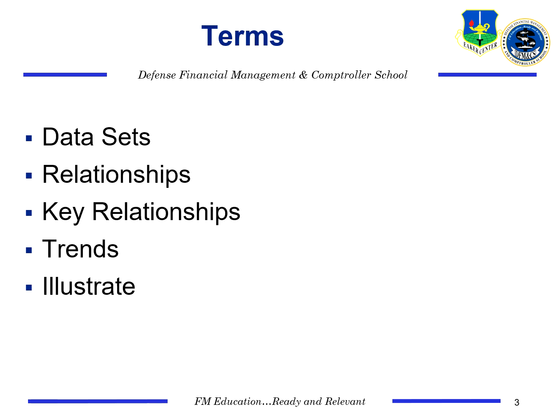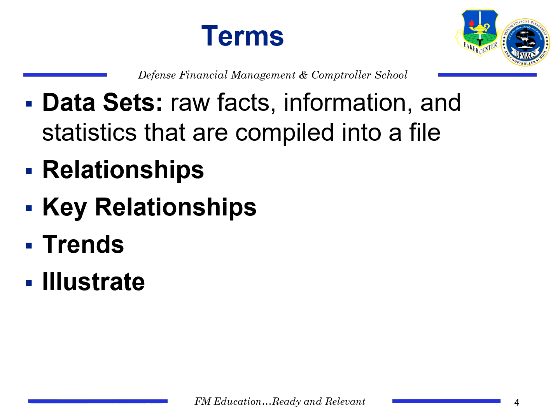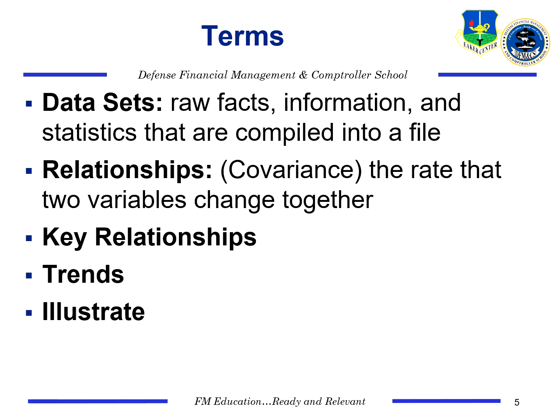First up, we're going to define our terms. Data sets are raw facts, information, and statistics that are compiled into a file. Relationships are the rate that two variables can change together.